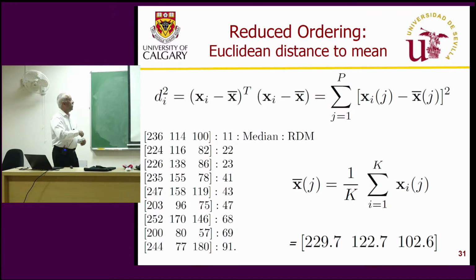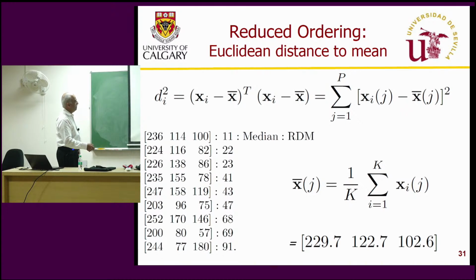So you are not rank ordering the actual RGB values directly, but instead you are computing some function with reference to something. And here it is Euclidean distance. So some will say, well, Euclidean distance in RGB is not good. So okay, go to LUV, LAB, whatever you like, and do that.